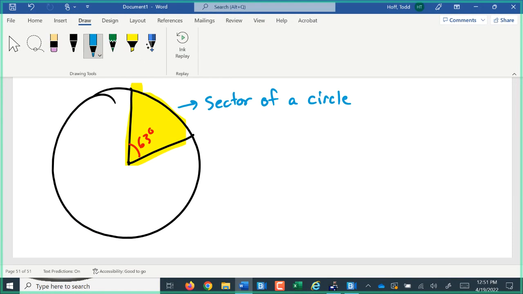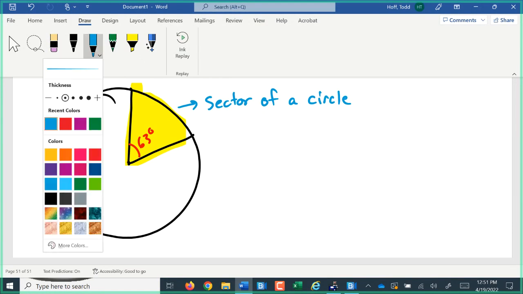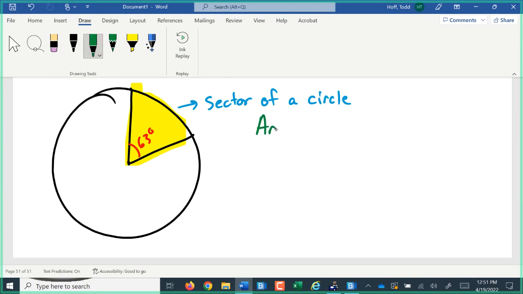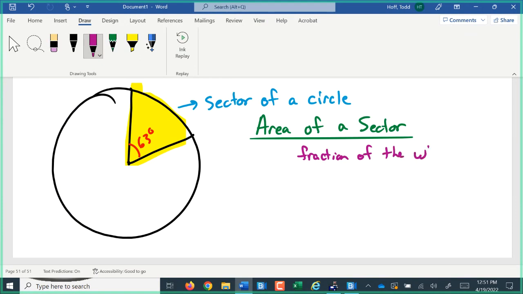But that sector of a circle, if I want to find the area of that sector, it is found as a fraction of the whole circle.